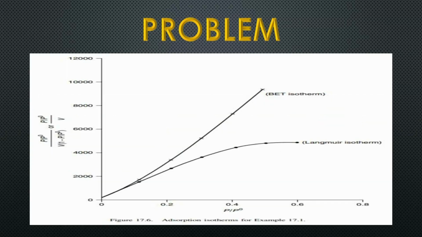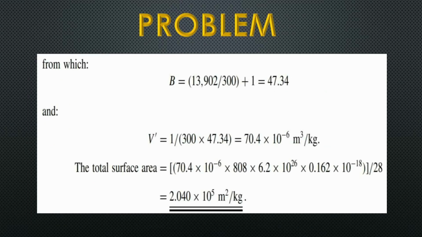So figure 17.6 shows the graph of the adsorption isotherms, the BET isotherm and the Langmuir isotherm in this problem. From which B is equal to the quantity 13,902 over 300 plus 1, which is 47.34, and V prime is equal to 1 over the quantity 300 times 47.34, which is 70.4 times 10 to the negative 6 cubic meter per kilogram.